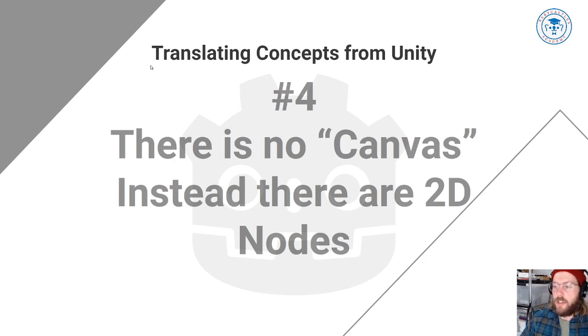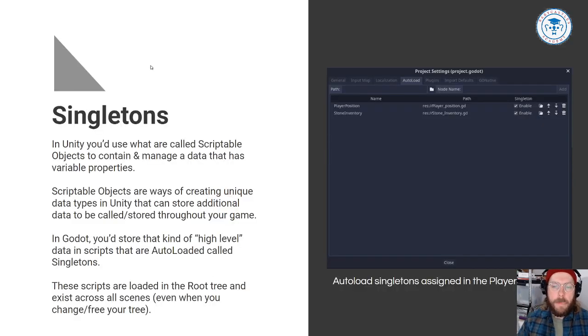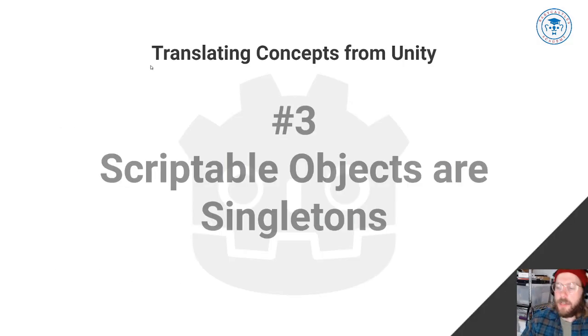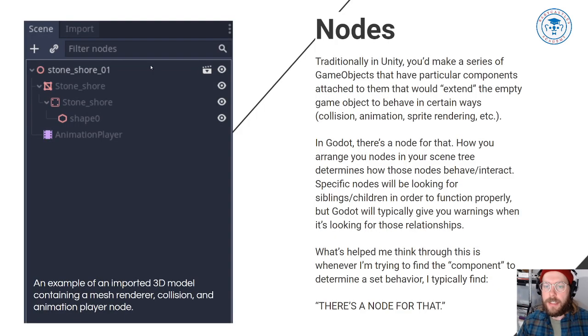There are ways in which you can arrange these using some UI elements, but you wouldn't use a traditional canvas. Singletons are like scriptable objects, a way in which you can create a script that holds data that is pervasive throughout all of your scenes.